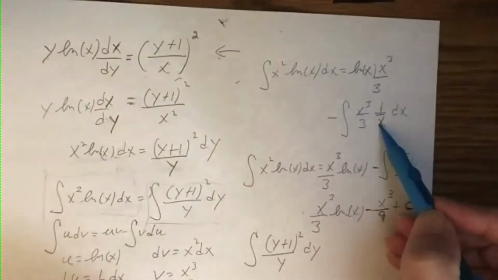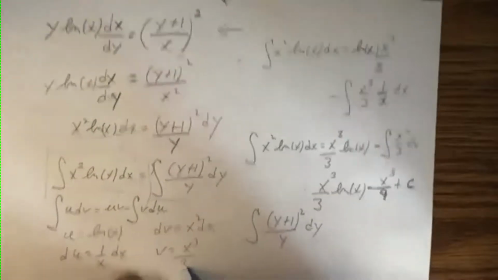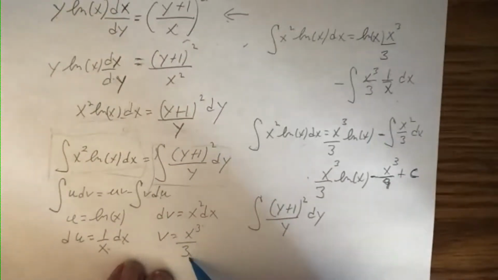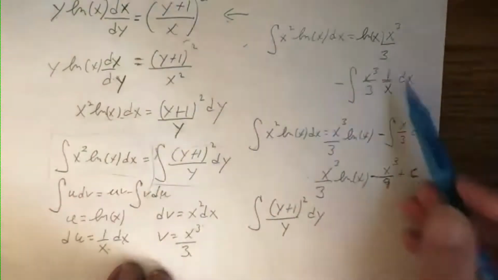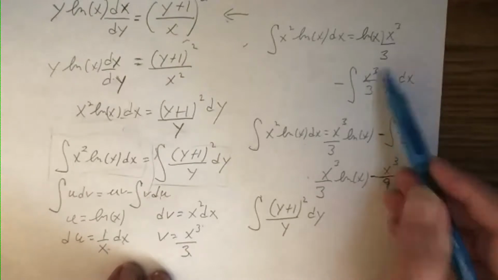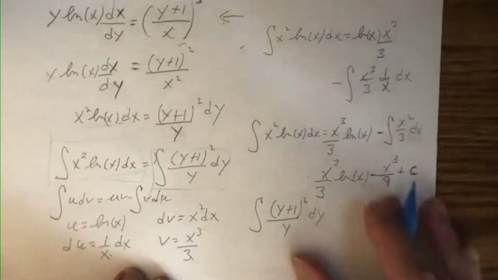So this is 1 over x. Remember now, here's the formula: v times du. My v is x cubed divided by 3, and the du is 1 over x. So that's why this becomes x squared. Got that? Yeah, understood. Okay.